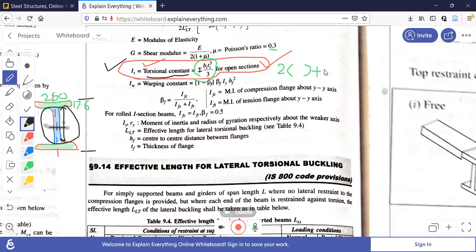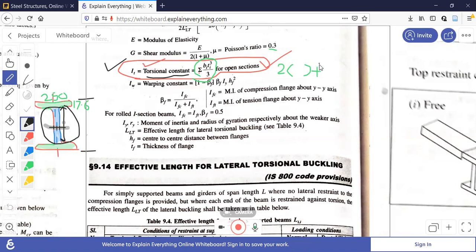Is it clear, this one? Summation of BTQ by 3. I'll write it here. Observe this. How much is that web thickness? 10.5.